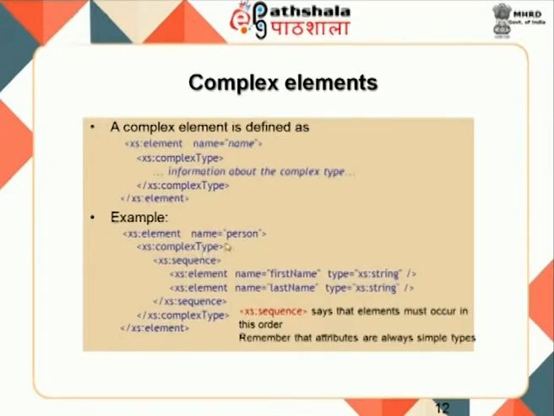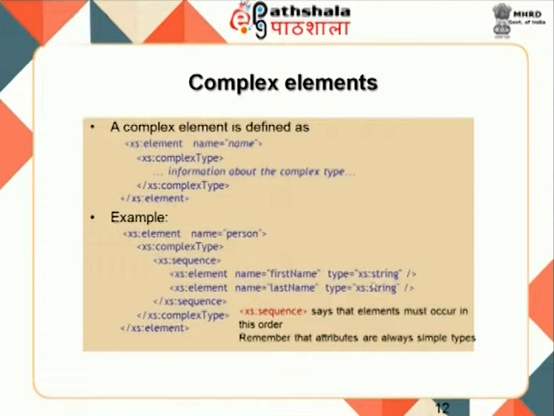When you say that it is a complex type, then the complex element may contain some sub-elements. So, you can see that person has elements like first name and last name. We sequence these sub-elements. Sequence says that the elements must come in this order. So, here the person has a sub-element called first name, and another element called last name.